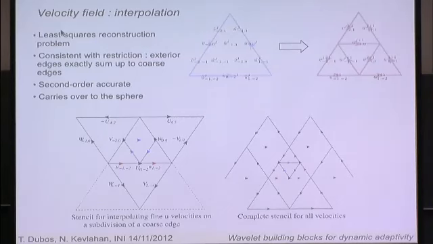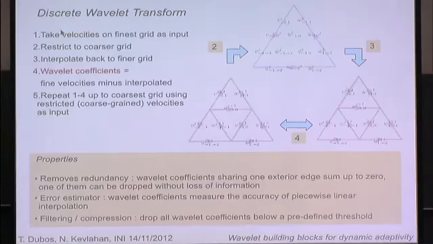And now I can start doing wavelet stuff. I will describe the discrete wavelet transform. The idea is to provide another description of the same data. So I have these velocities on my fine grid, and I can perform one restriction, and of course I'm losing some information while doing this, and I can do an interpolation back onto my fine grid.